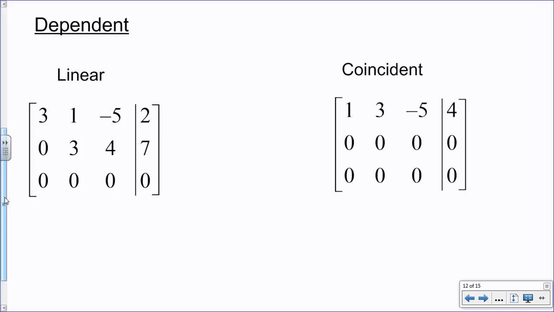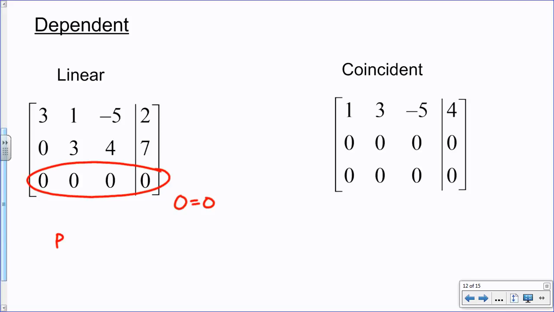For linear dependent, you get 1 row of zeros, because that tells you that the 3rd row was equivalent to one of the other 2 rows. So you had 2 equations that were the same. So that's 0 equals 0. That's your infinitely many solutions, because that's true. 1 row means it's linear dependent.